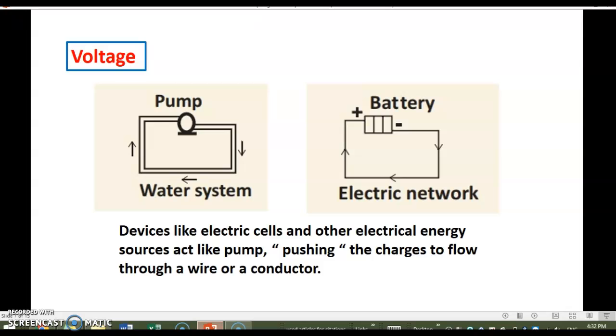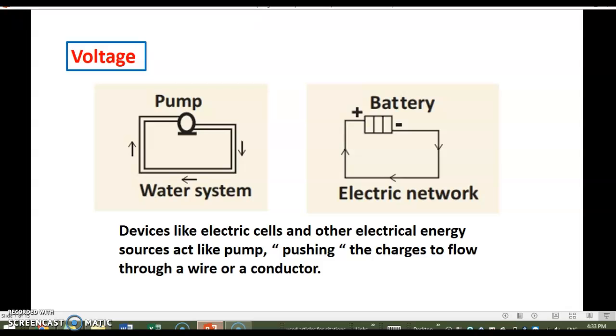So here is an analogy between a water system and an electric network. If we consider an electric network that is supplied with a battery and another water system that is controlled by a pump, the pump and the battery function the same. The pump presses on the water, causing it to flow through the circuit.